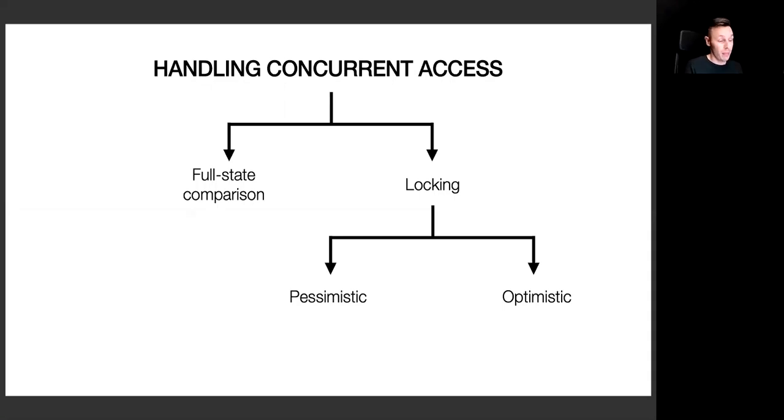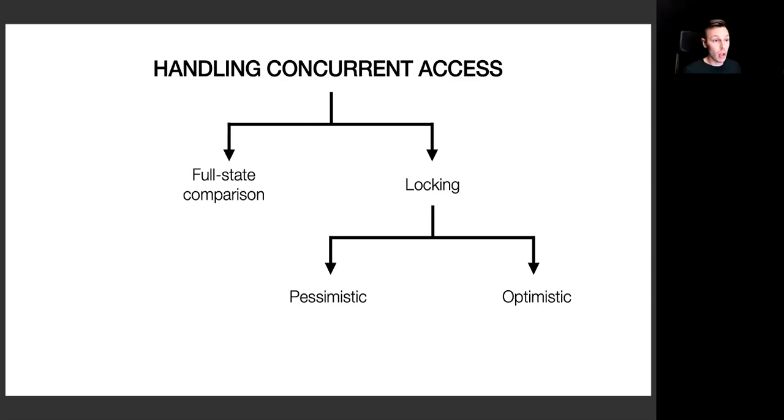The alternative to full state comparison is locking mechanisms. Without going into details, we have two options of locking: pessimistic locking and optimistic locking. The latter one is preferable when the number of write operations is not that big compared to read operations.